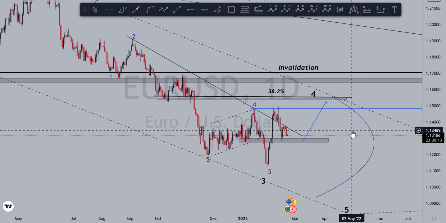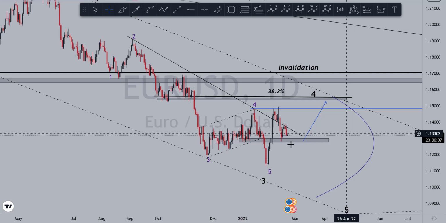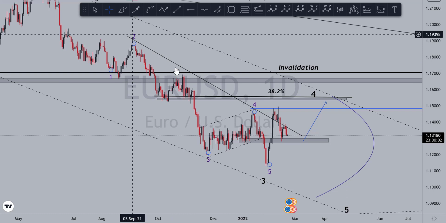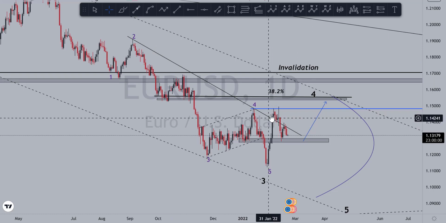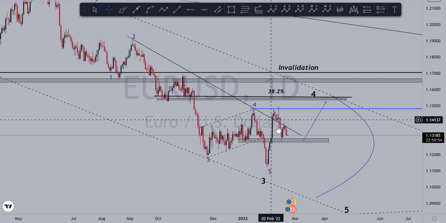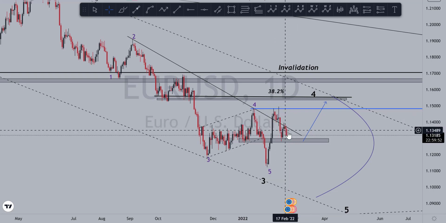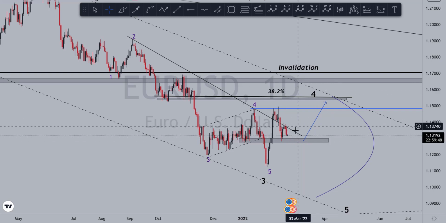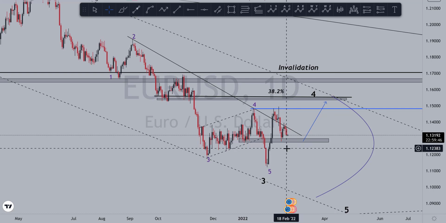Okay, now we're looking at Euro USD, and this is the price action that has been displayed here. Last time we had this trend line and we were at this point, and I was telling you that I expected this to either have a channel that will be correcting around this area before we can push to the upside, or come back to this order block here.